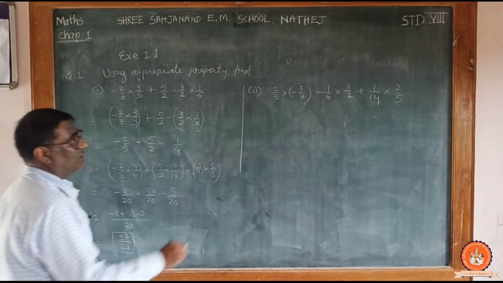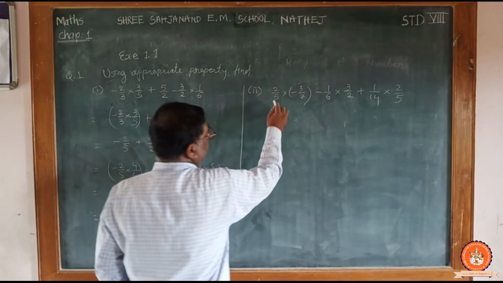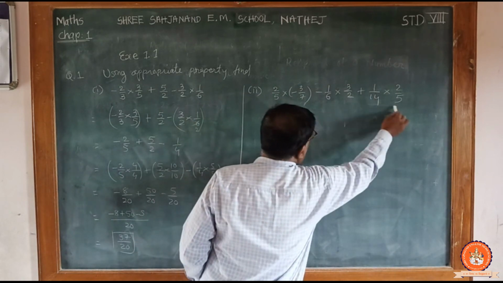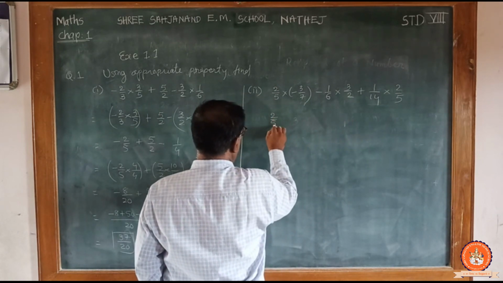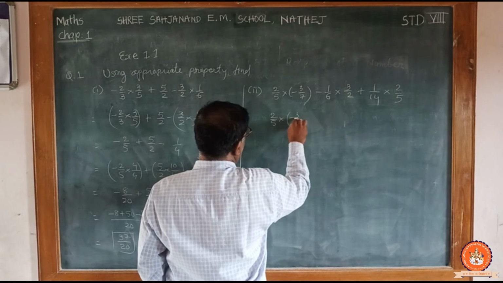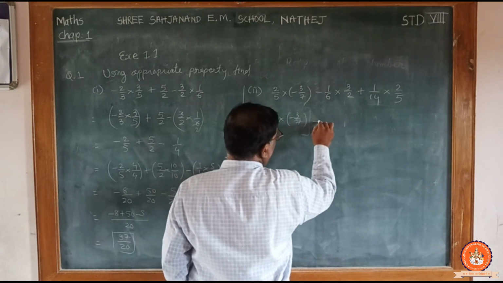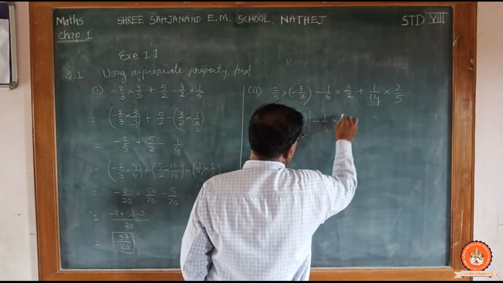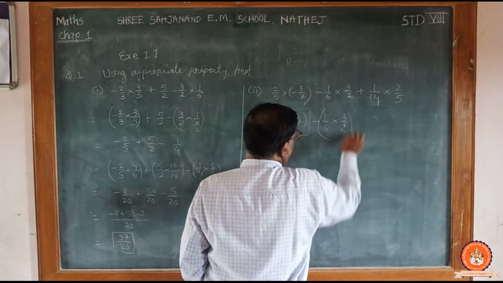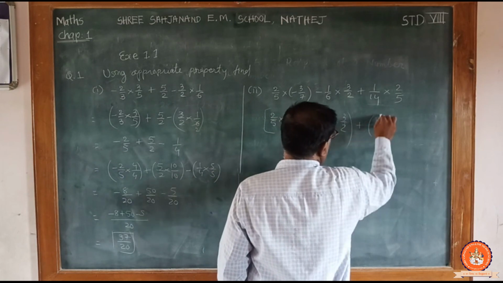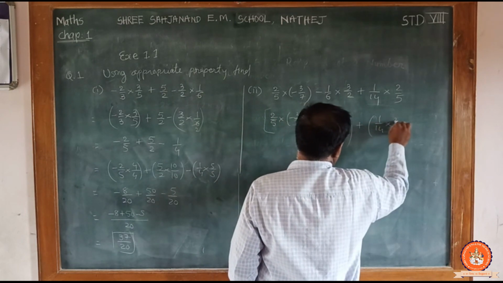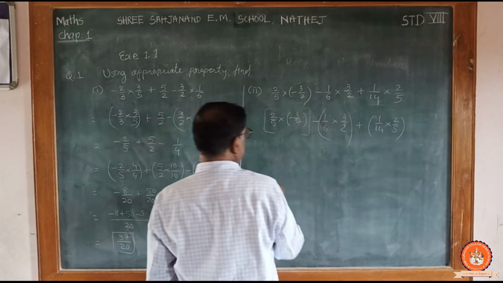Okay, here again look at it, product is there. So 2 by 5 into minus 3 by 7, okay, will be in the bracket. Minus 1 by 6 into 3 by 2 will be in another bracket, plus 1 upon 14 into 2 by 5 will be in the other bracket.